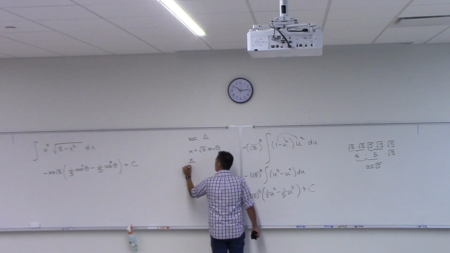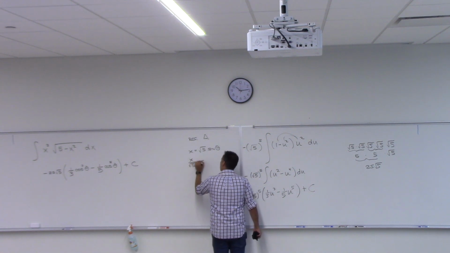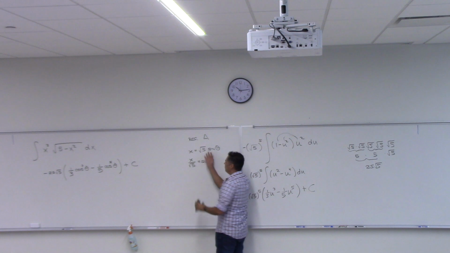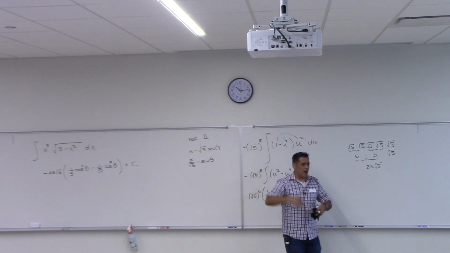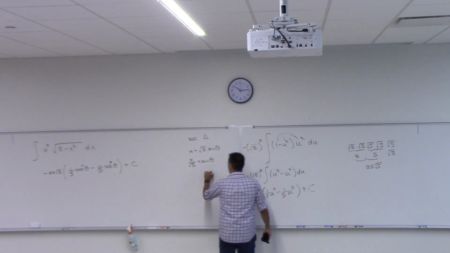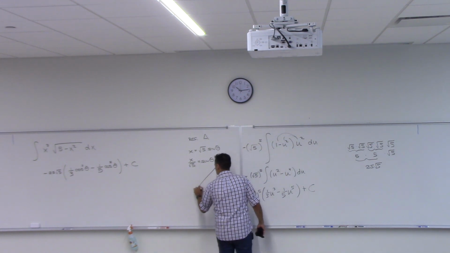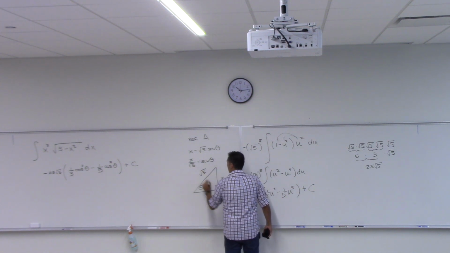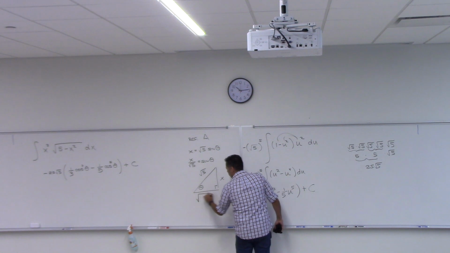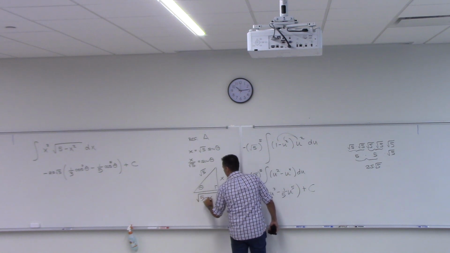I go x over root 5. I'm going to do that every single time I have something like this. I'm going to get sine theta by itself so that this looks like a ratio, so I can use the opposite over hypotenuse idea from the triangle. Theta, okay, x, root 5. And then if you do the Pythagorean, you should get root 5 minus x squared here.